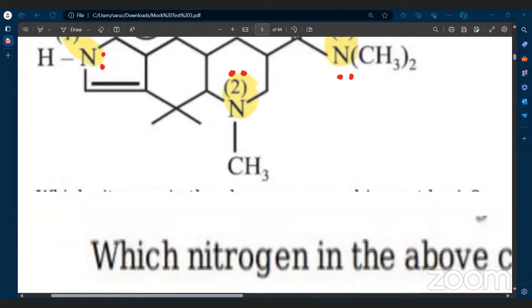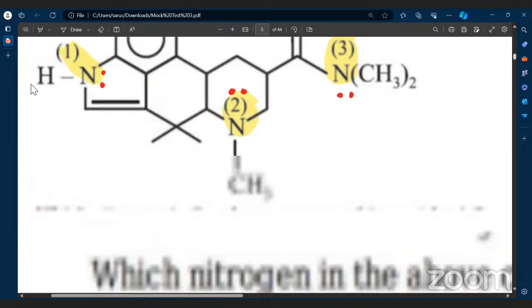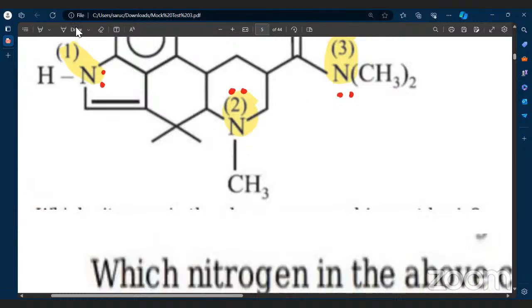You have a pi bond, you have a sigma bond, and you have a lone pair. So we know that with this type of conjugation, there will be delocalization.